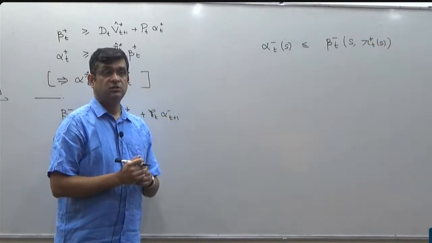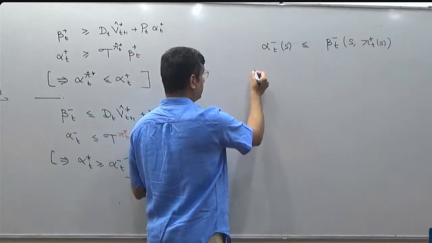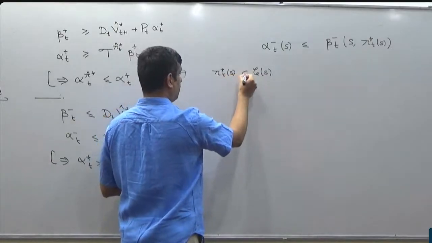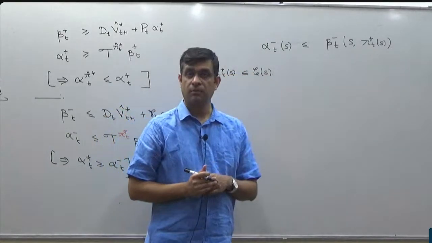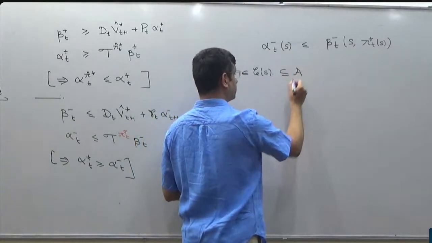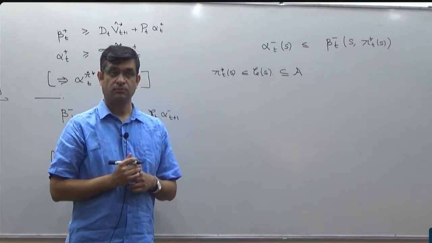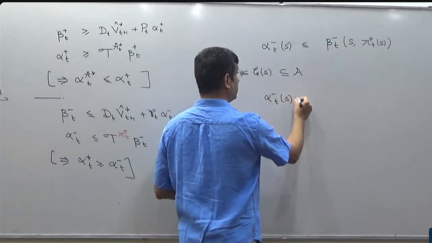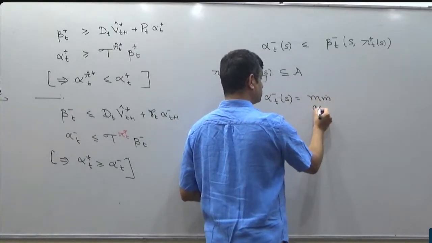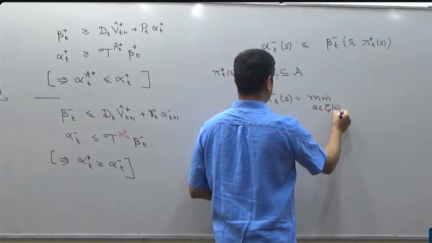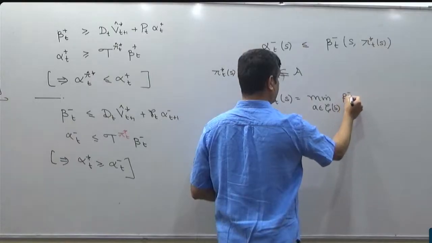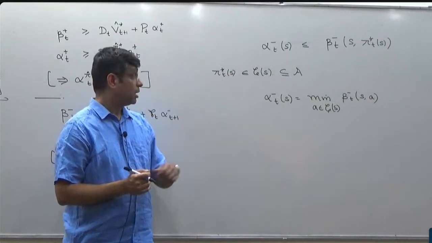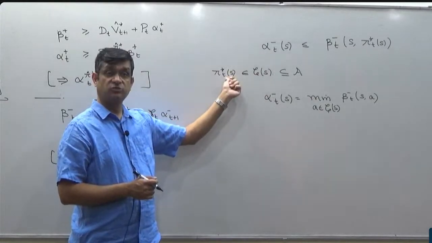Suppose I know that there is a set, let us call that C of S, such that pi star t of S belongs to C of S. This is in general a subset of the action space. Then one possibility is to choose alpha t of S equal to the minimum over all actions in C of S of beta minus t of S and A. Ideally, I want C of S to be just a singleton containing the optimal policy, but I do not have this.